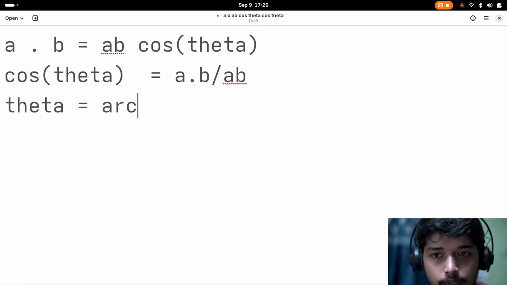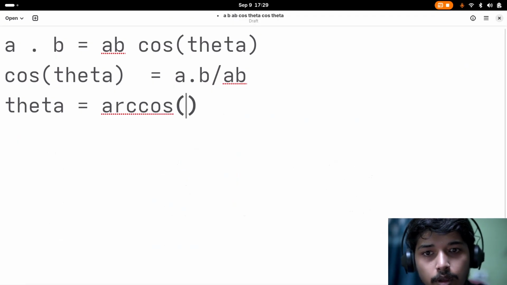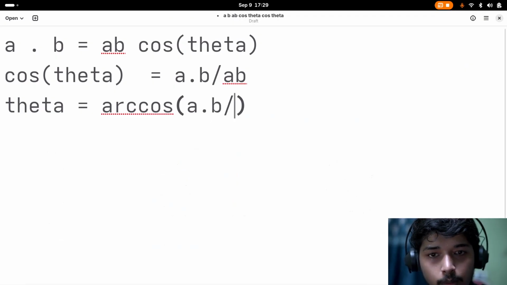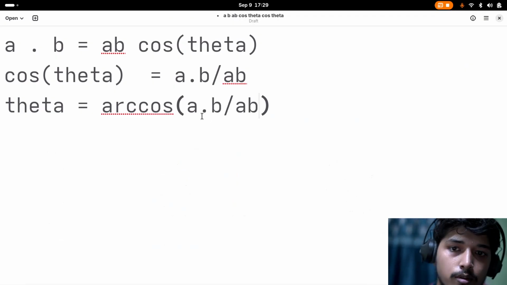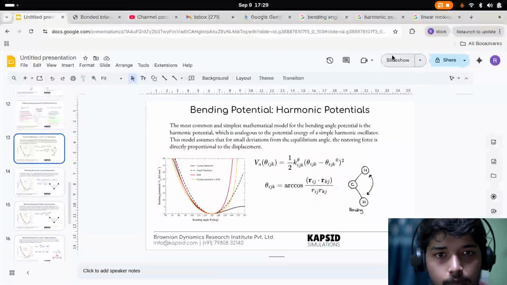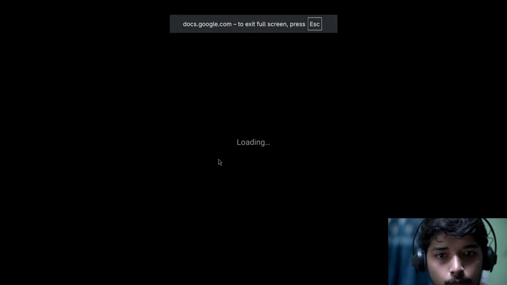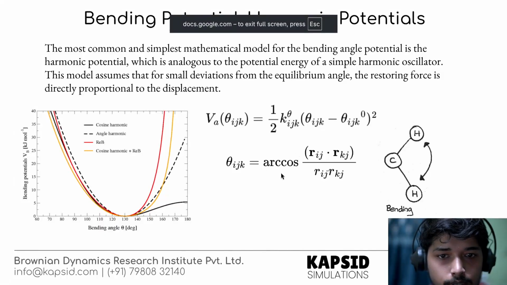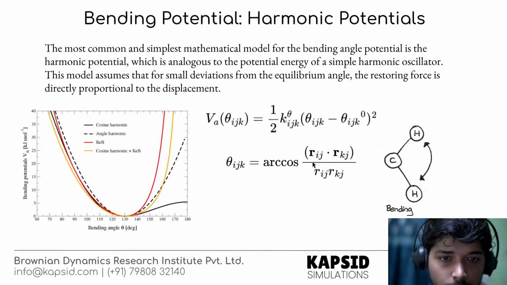So we write it as arccos, and inside that you write A dot B divided by AB. That's how you find theta, and that's exactly what we have done here. As you can see, that's exactly the same thing that we did here.